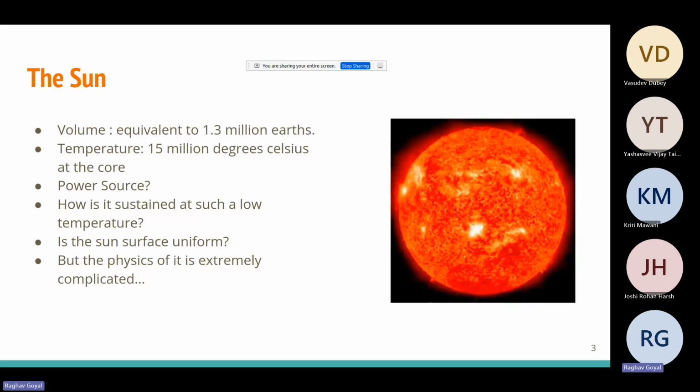Its temperature is 15 million degrees Celsius at the core. Reminder that this is the temperature at the core. The temperature of the surface is way lower than this, nearly 5,000 Kelvin. So the sun is an essential power source for running practically everything on the earth.